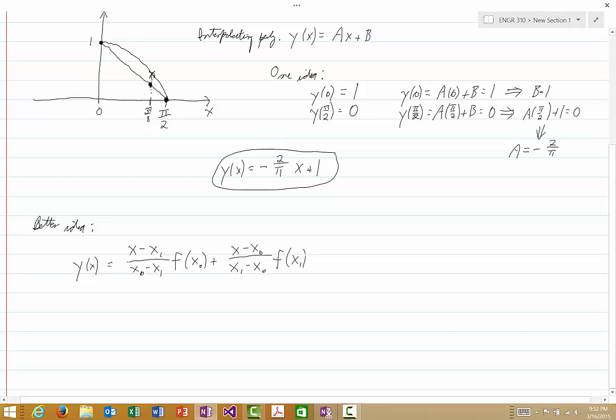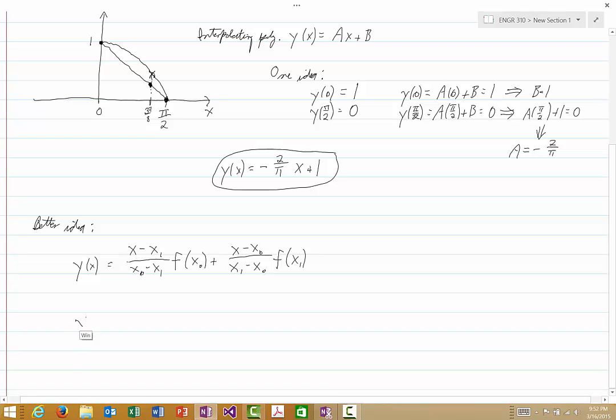So using a formula like this, we easily guarantee that our interpolating function y agrees with the unknown function at the points where the unknown function is known. And notice that we don't have to solve any system of equations. We already have everything we need here. We just need to plug in.